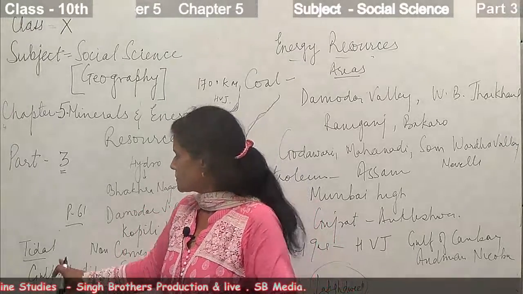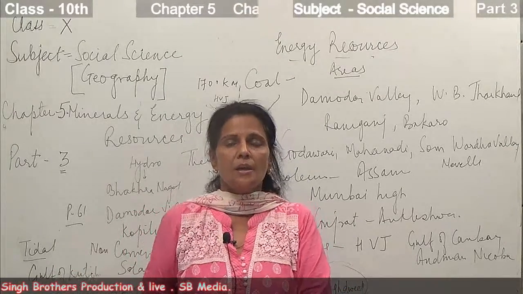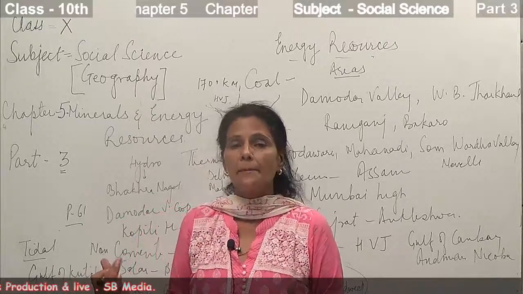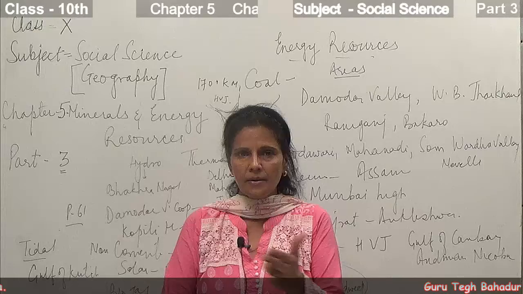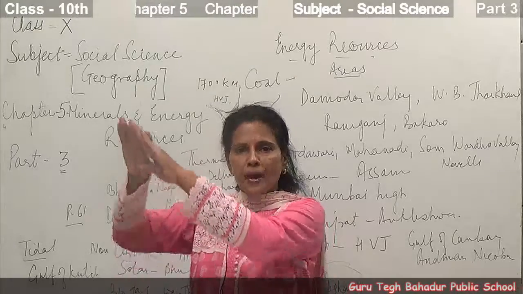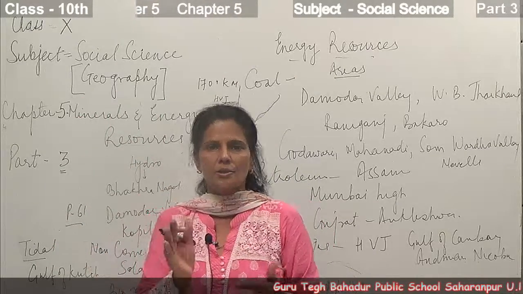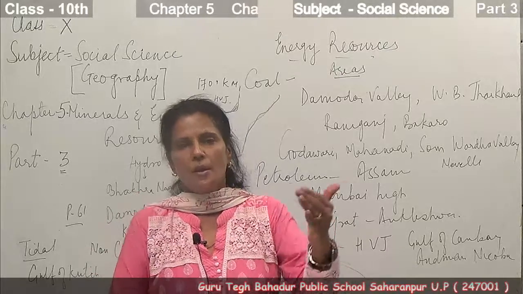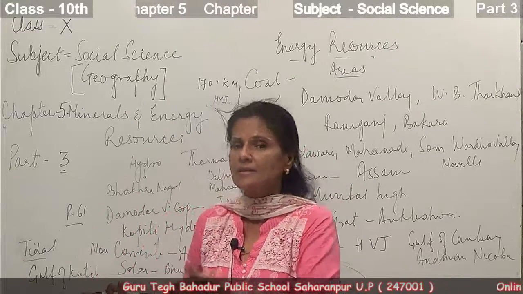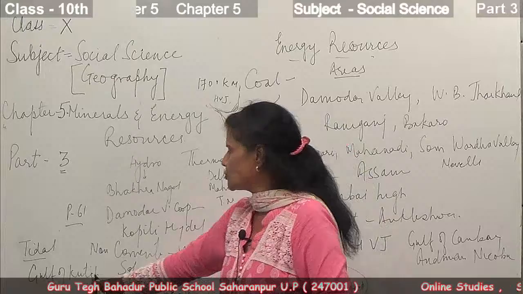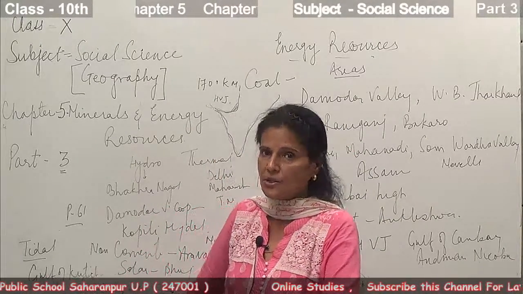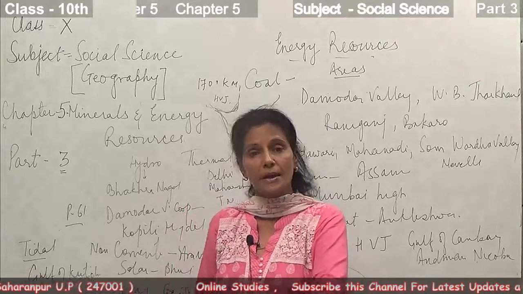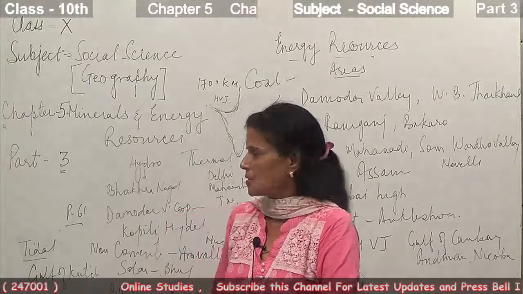For tidal energy, an experimental plant has been set up in Gujarat, and tides are there in the oceans, and a floodgate is built, and the tidal energy is produced through the waves, through the tides. Correct? Gujarat and all the coastal regions are very important to tap tidal energy. But one experimental plant has been set up in the Gulf of Kutch.